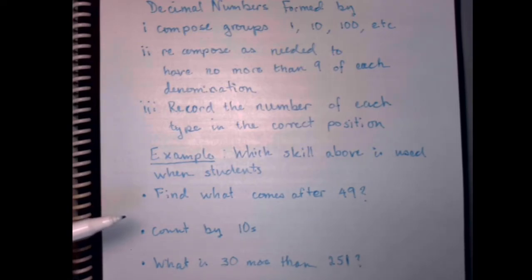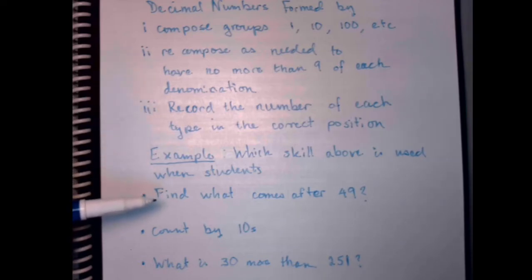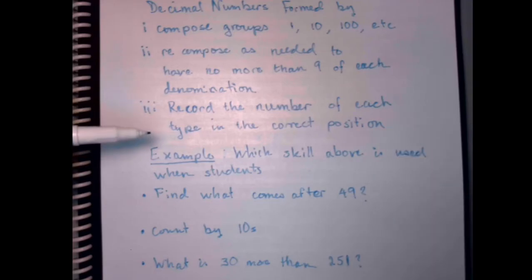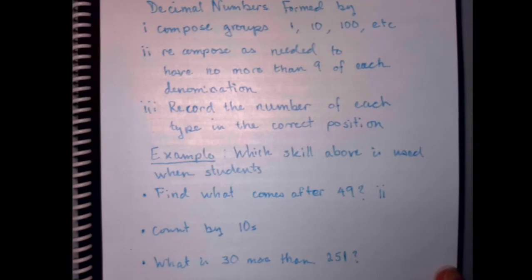Well, the answer, of course, is not 4010. What the student has to realize is that they should recompose those 10 ones into another group of 10 and then record that in the tens position. So this needs skill 2.